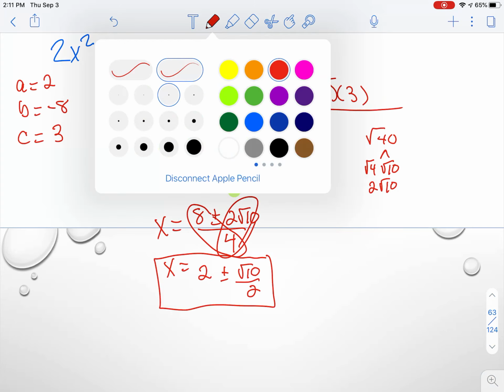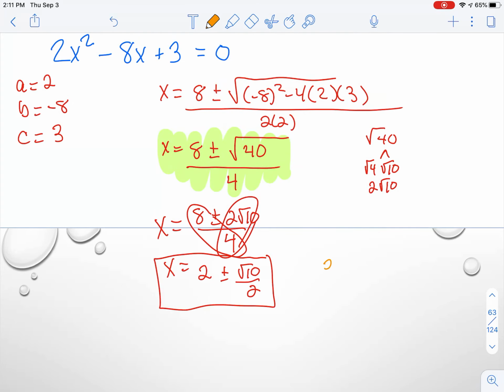So one of those solutions, the addition, gives you 3.581, and the subtraction gives us 0.4188, so we're going to round that to 0.419.